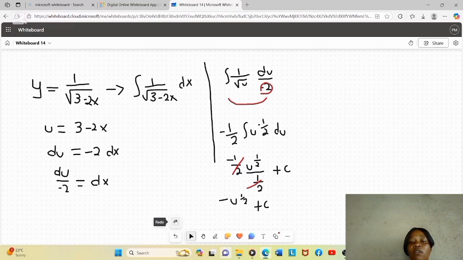Then we all know the power 1 over 2 is the same as the square root. Then our final answer will be negative square root of u, which will be replaced with 3 minus 2x. Then we have negative the square root of 3 minus 2x plus c. This is our final answer.